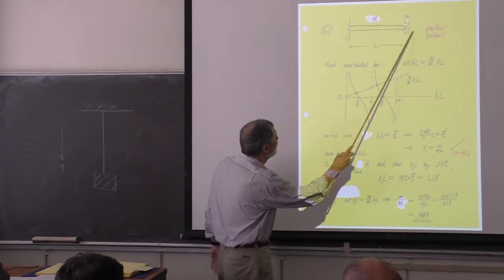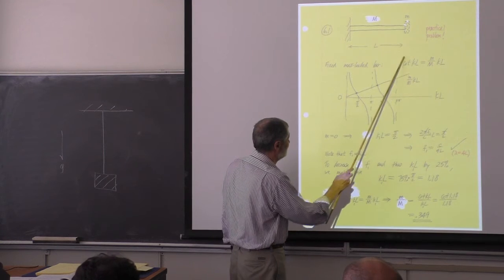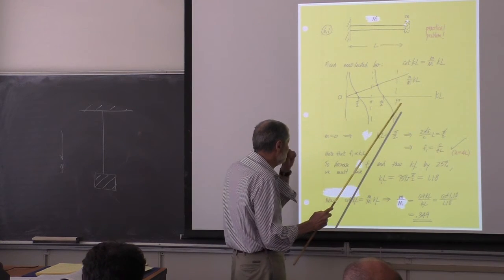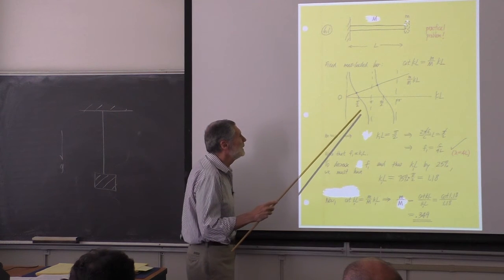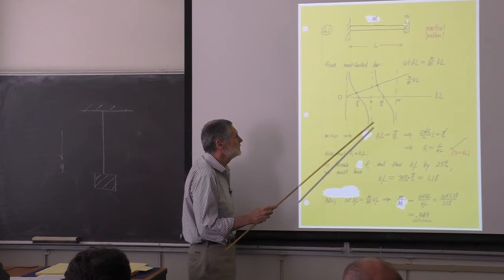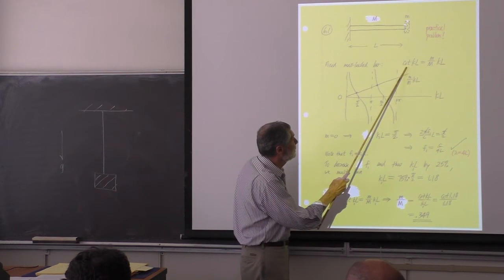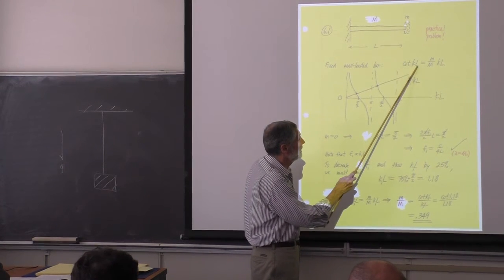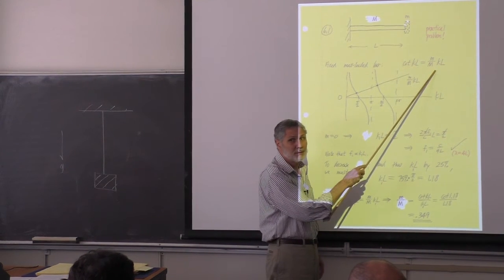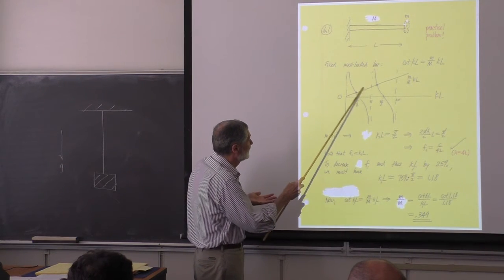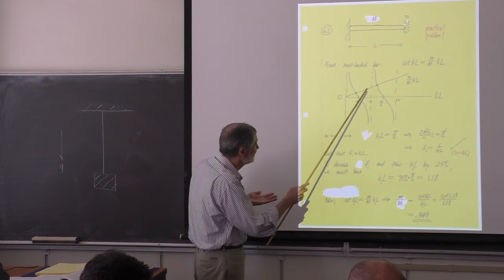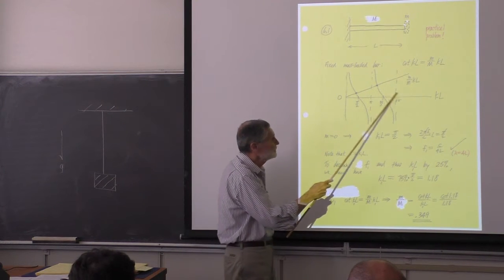So the general problem here with the mass is what we've seen many times before for strings and bars. I think I briefly mentioned this, but maybe I should mention it again. Equivalently, this could be the tangent of KL, and then what would you have over here? 1 over it. So there you would be dealing with the intersection of the tangent curves, not the cotangent, but you don't have a straight line.